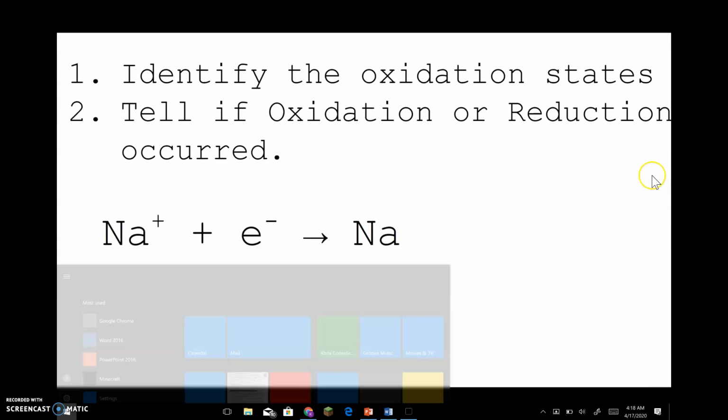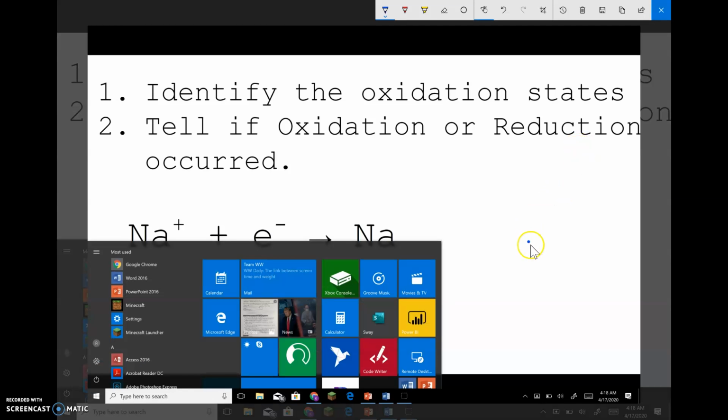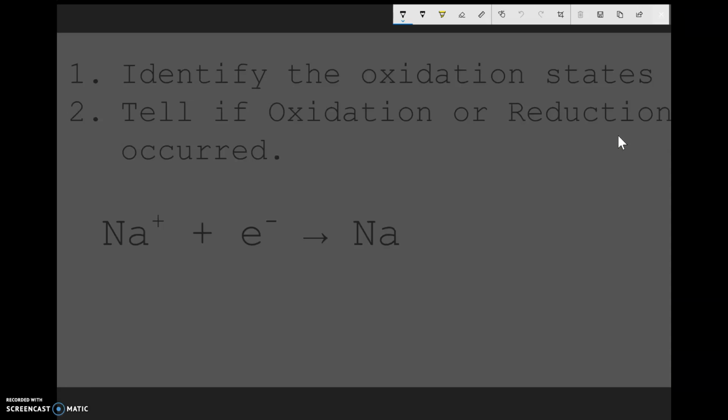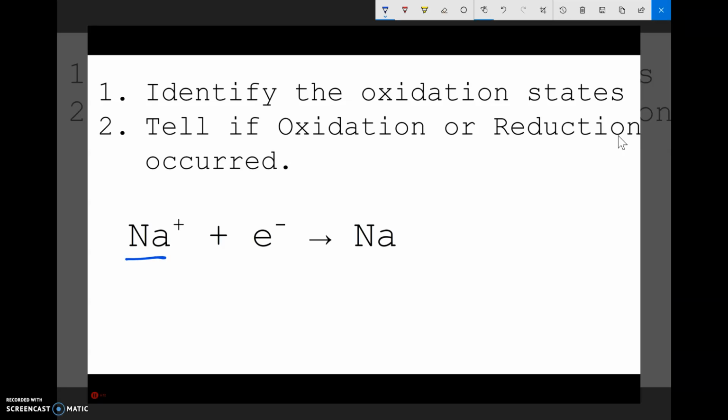Okay, our next example is a sodium ion going to sodium. The sodium ion has a +1 charge, so that means it's a +1 oxidation state. Over here, sodium is by itself, so that means 0. So our oxidation numbers are going from a 1 to a 0.